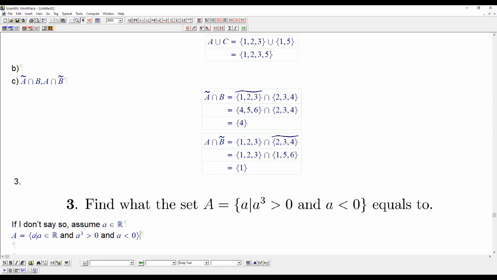All right, so I'm going to ask somebody who doesn't talk too much. A is smaller than 0, smaller than A cube.